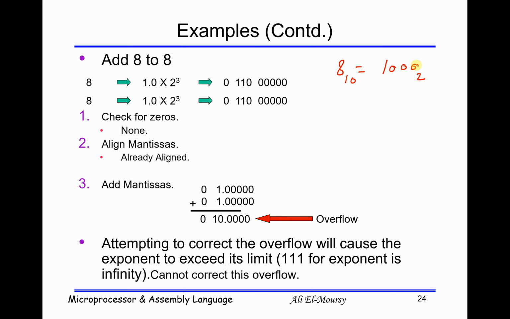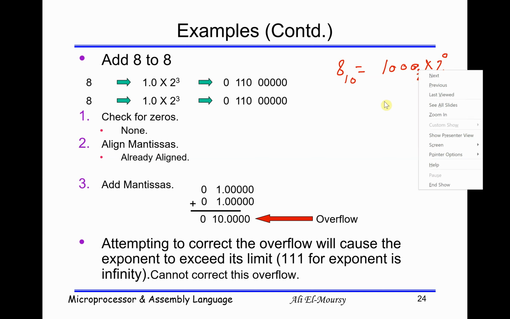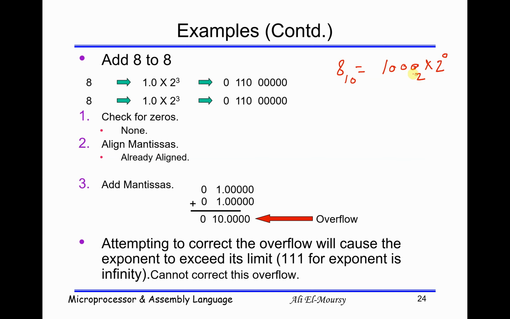Accordingly, this is multiplied by 2 to the power 0. So I need to normalize it, so that means I have a binary point here, and this binary point should be shifted 3 places to reach this location, correct?